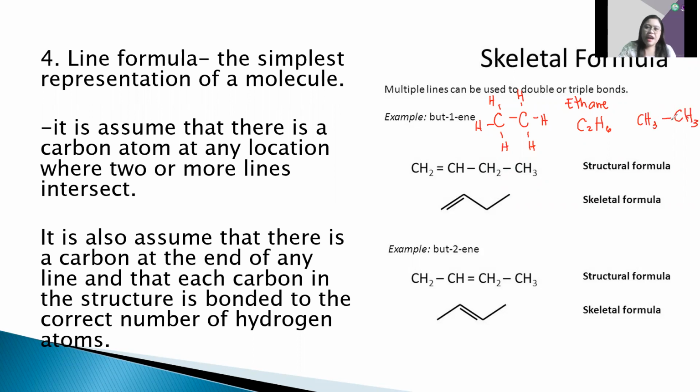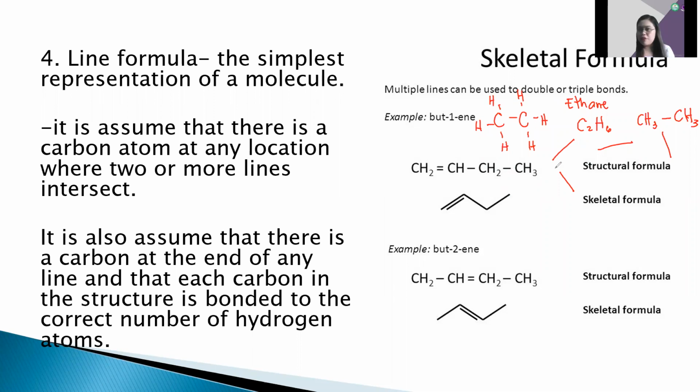But if we write the skeletal formula for our ethane, it is just this one. It can be this one or this one or this one, as long as it's just one line. Why? Because it is just one line. We assume that the ends here will have carbon.